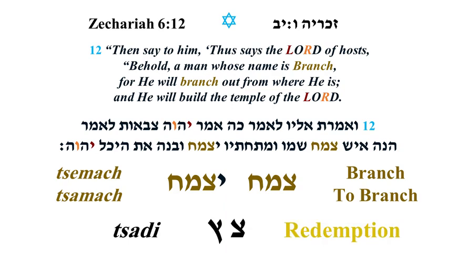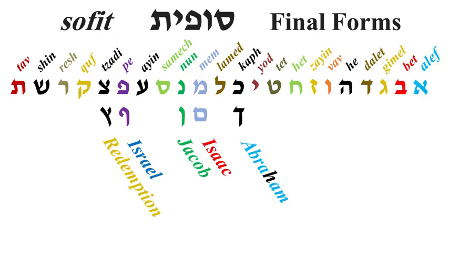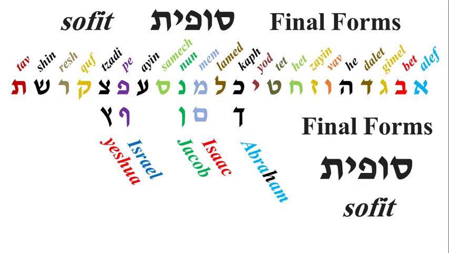That's what the final tzadi represents. But we, as Christians, as followers of Messiah, as followers of Yahshua HaMashiach, we know who our redemption is. It's Yeshua. And that makes sense. It all ends up pointing at Yeshua, the final tzadi.